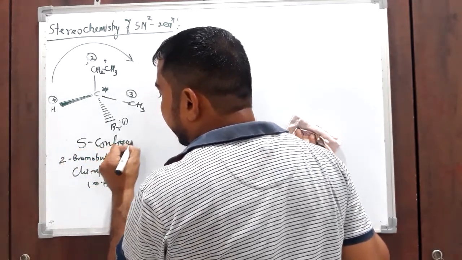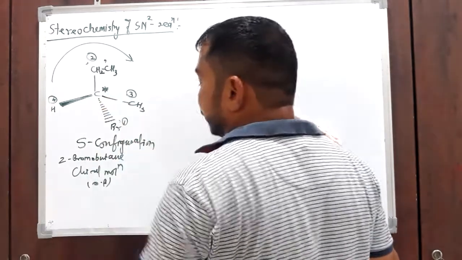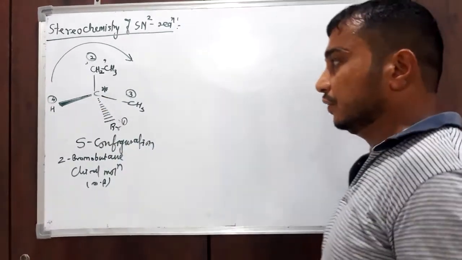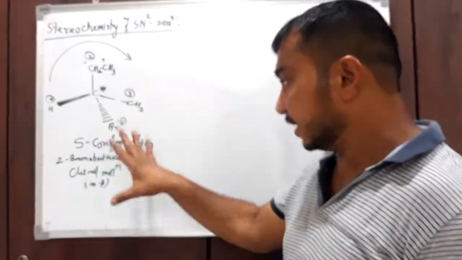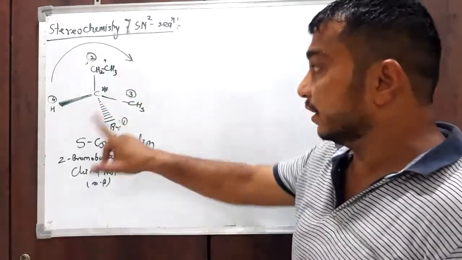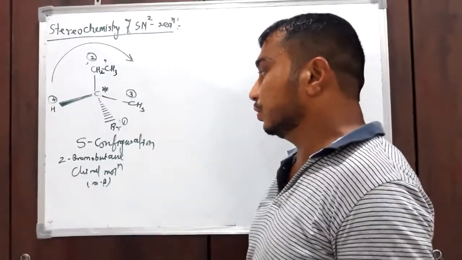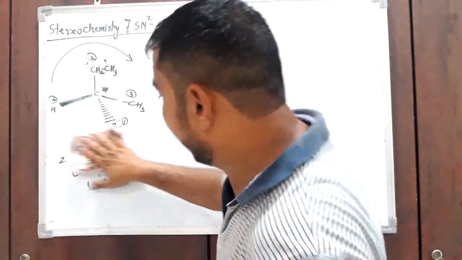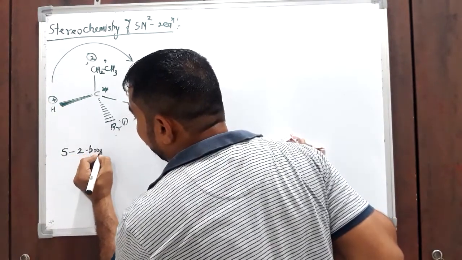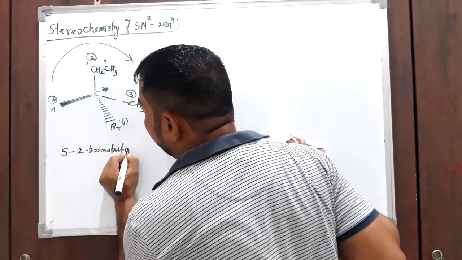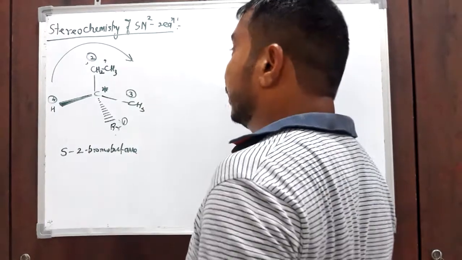Okay, go through the stereochemistry video. It will be very easy to give the configuration. So this molecule is having S configuration. So the name of the compound is S-2-bromobutane. Configuration is S. It is the S form, optically active.